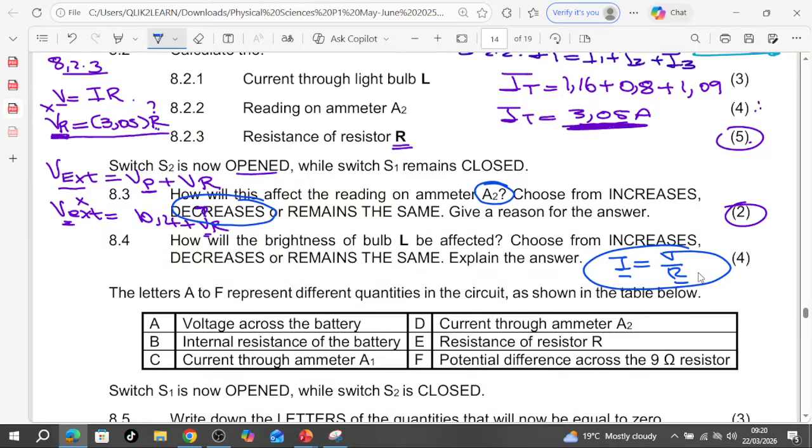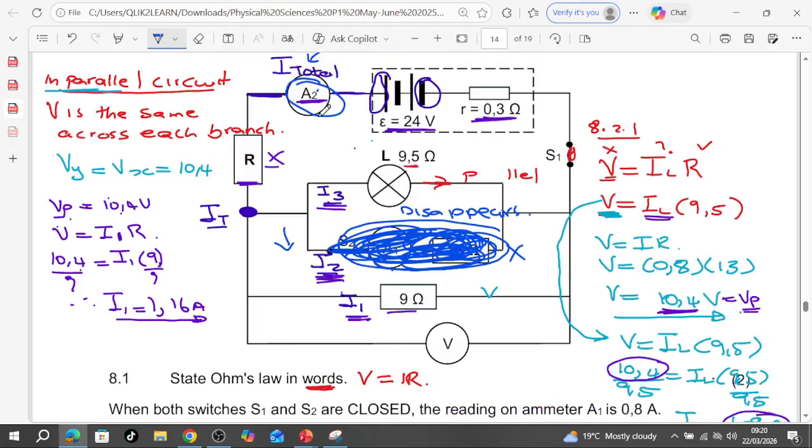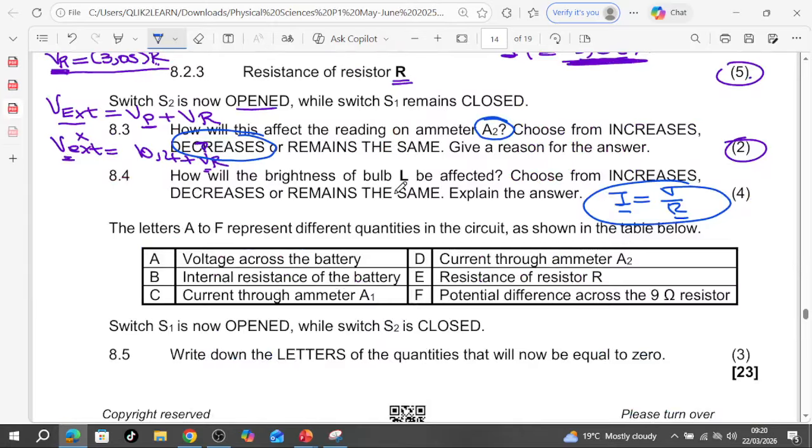It's inversely proportional: if one increases, the other decreases. So we removed one branch, meaning we are increasing the total resistance. This decreases the current on A2, so A2 is going to read less current. I hope that makes sense. I hope everyone is happy about that.